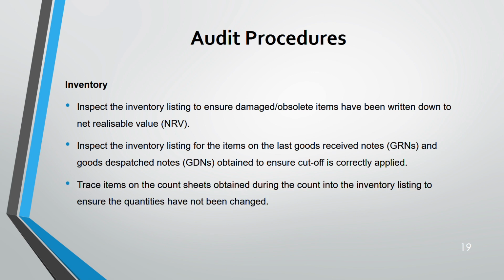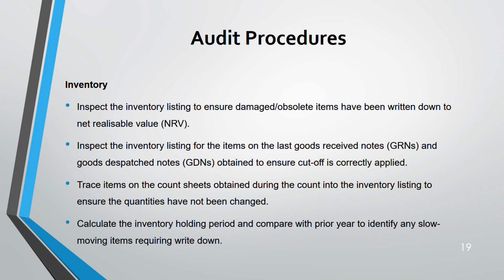Trace item. Trace is also an audit procedure. Trace items on the count sheet obtained during the count into the inventory listing. That means whatever is there in the count sheet, make sure that it is there in the inventory listing also, to make sure quantities did not change from count sheets to inventory listing.